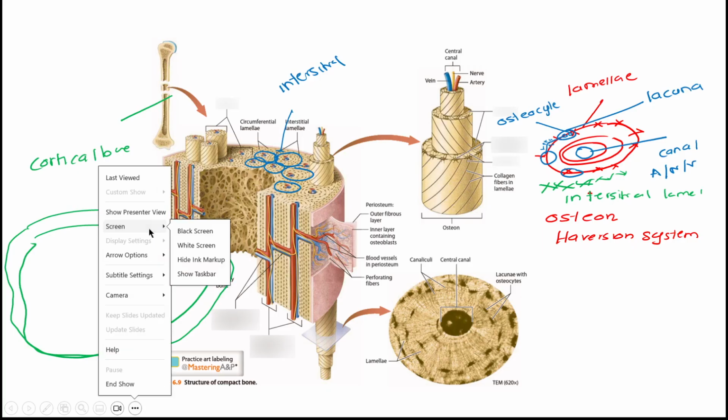Good. Now, if we look at the types of bones that you come across, according to the structure, there are two types of bone as we discussed: the compact bone and the spongy bone. In addition to this, according to the shape, we divide bones into different types.